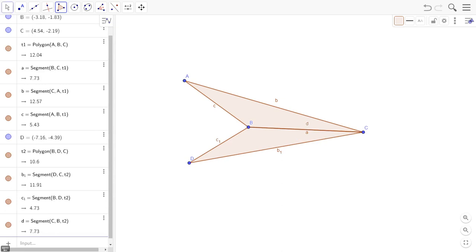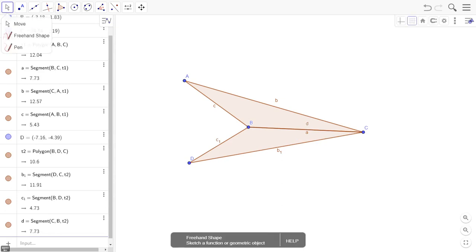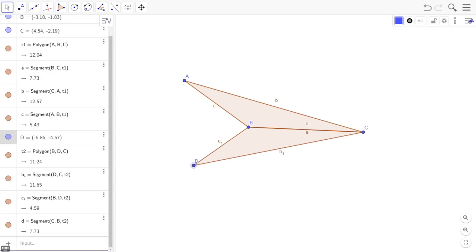And then play with this bottom point here until you think it looks like a pretty good original triangle, and then a new triangle.